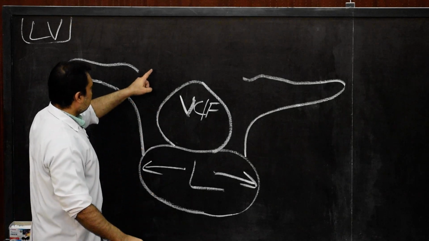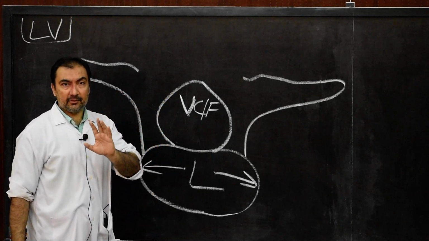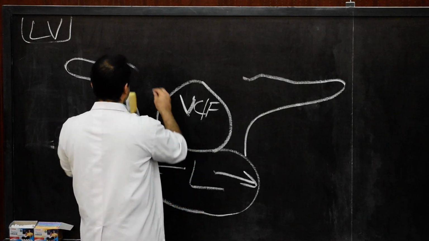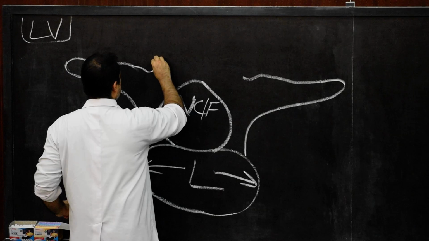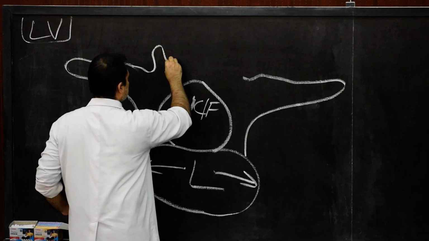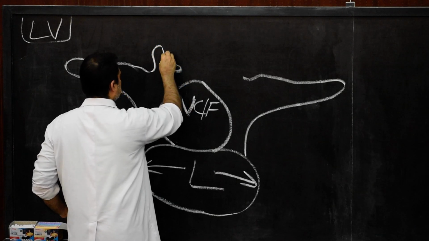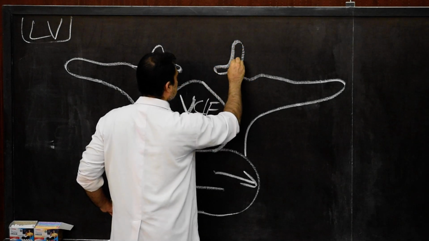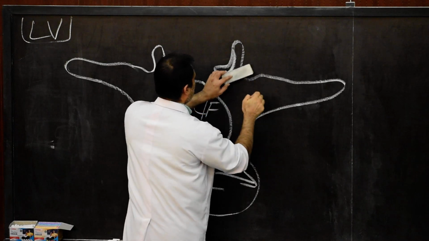Now, from here we shall show the superior articular facets. In order to show the superior articular facets, we show them in this way. Here also we show the superior articular facets in this way.